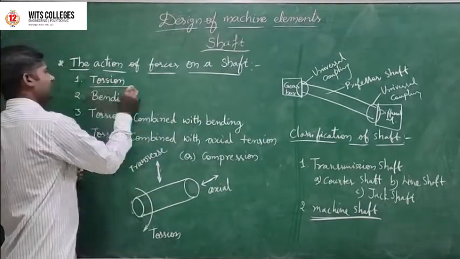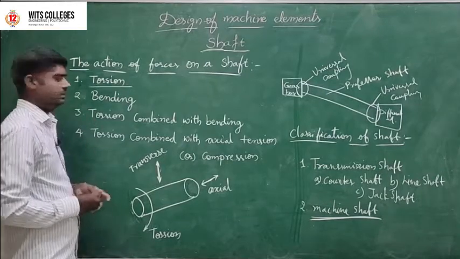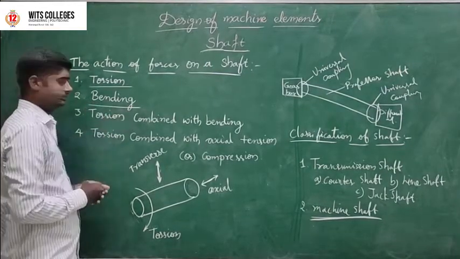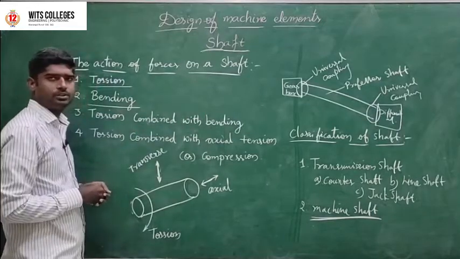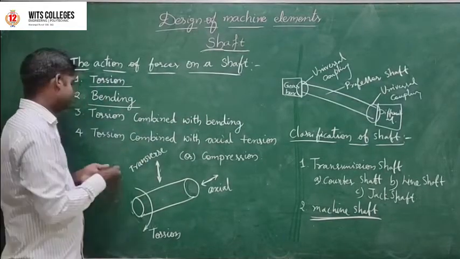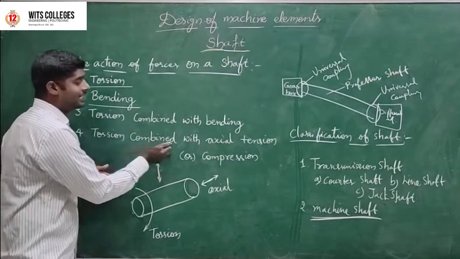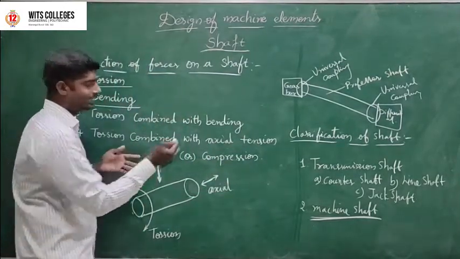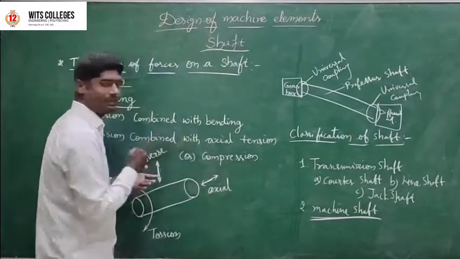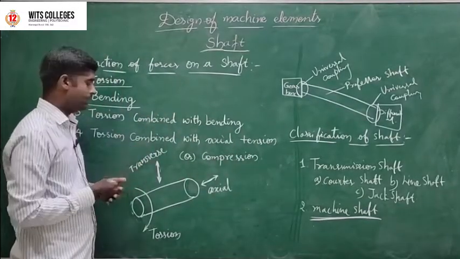First one is torsion, second one is bending, third one is torsion combined with bending, and fourth one is torsion combined with axial tension or compression.